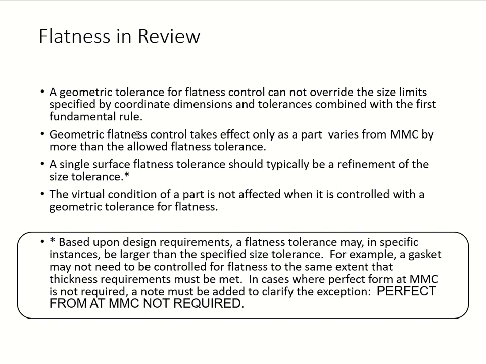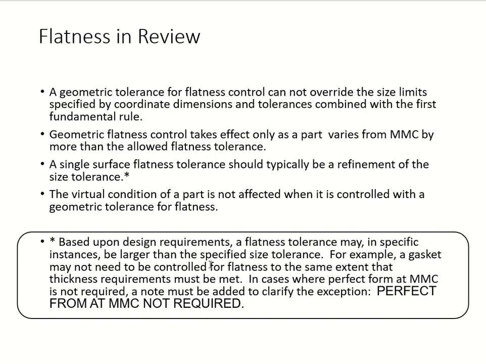The second one, I already talked about in the previous slide: your single surface flatness tolerance should typically be a refinement of your size tolerance. They are always related anyway. The virtual condition of a part is not affected when it is controlled with a geometric tolerance for flatness.